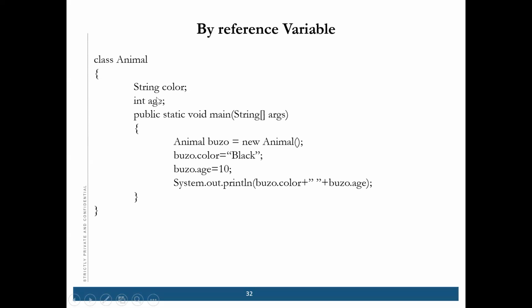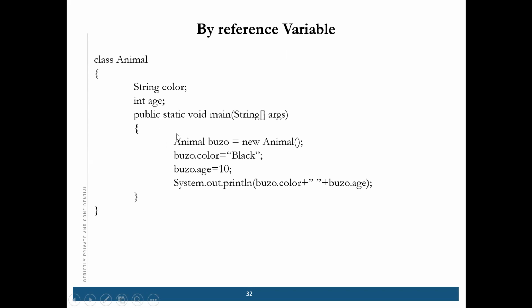So the meaning of how to initialize an object by reference variable is that these are all reference variables and we are initializing them. Suppose we have created one object and then we are calling this variable with the help of this object.